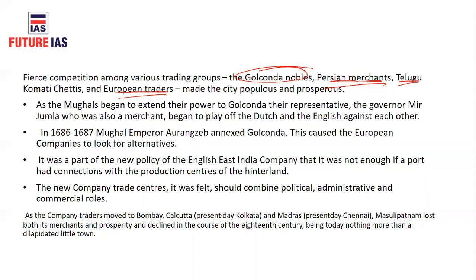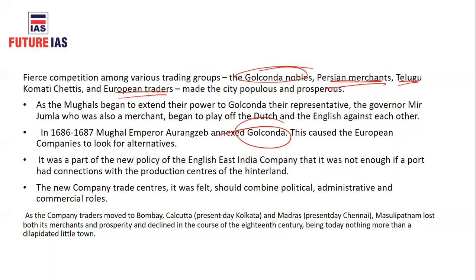And in that process, the Mughal Empire annexed Golconda, and this caused the European companies to look for alternatives, because now the Mughal Emperor had already annexed Golconda. There was no other place to trade in those locations, so the European companies were forced to look for other alternatives.